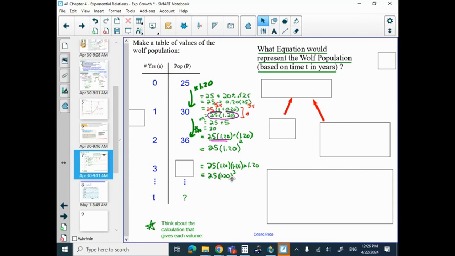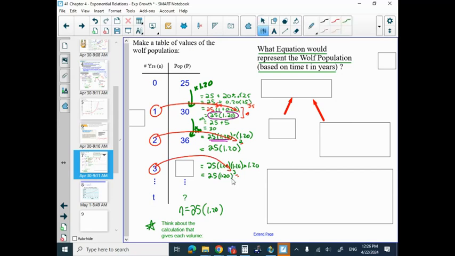But this P value is going to be equal to that initial population of 25 times 1.20 to the power of what? In this case, you can see that the number of years is the exponent. That was the power of 1, this one's the power of 2, this one's the power of 3. Just a different situation.